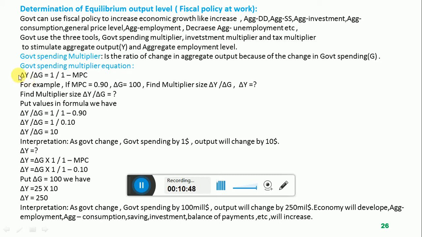We will calculate it with this formula, the government spending multiplier size equation: delta Y divided by delta G is equal to 1 divided by 1 minus MPC. We can calculate the government spending multiplier size using this formula.